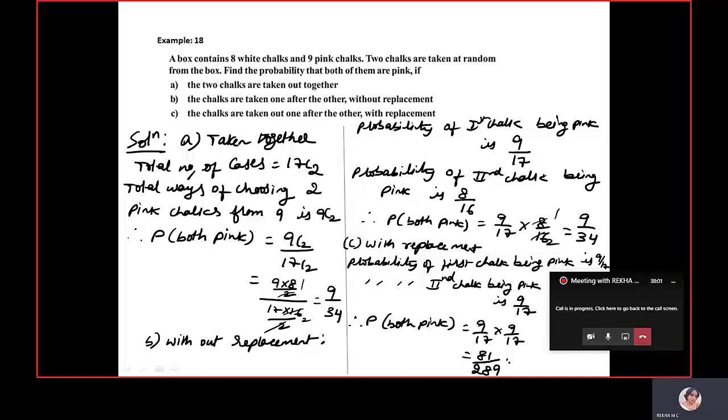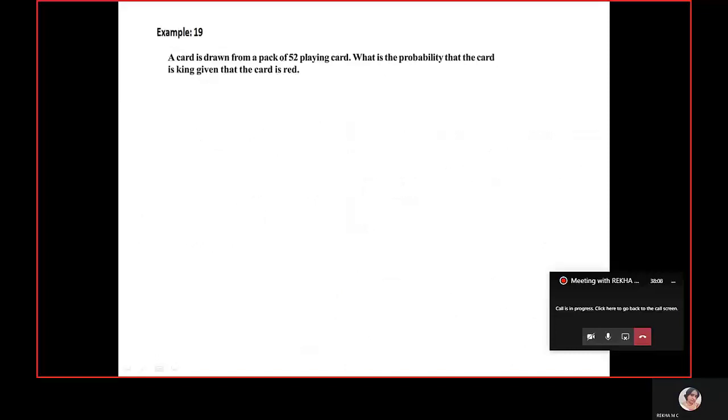Yes. Next question. A card is drawn from a pack of 52 playing cards. What is the probability that the card is a king given that the card is red? So here we apply conditional probability.